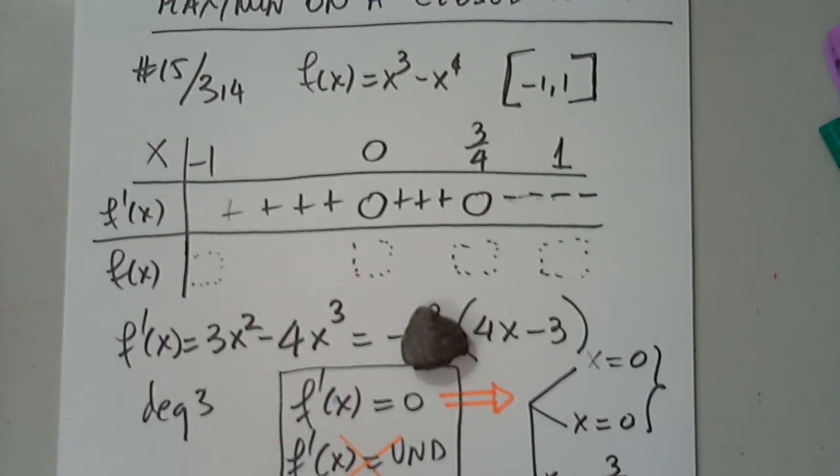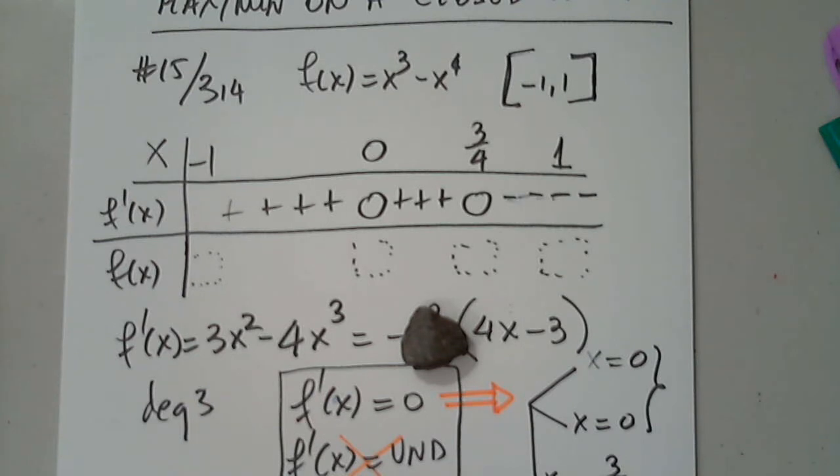So I'm sharing my screen. Go to the calculator, and y equals, clear whatever you have. Okay, so the function was x cubed, and then minus x to the 4th.